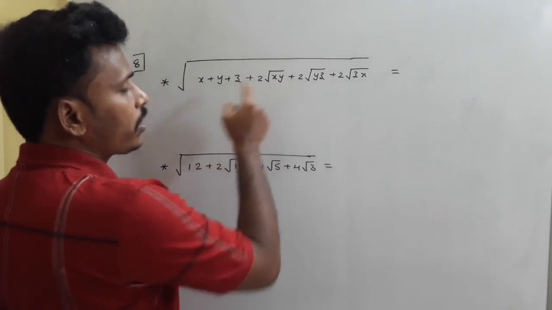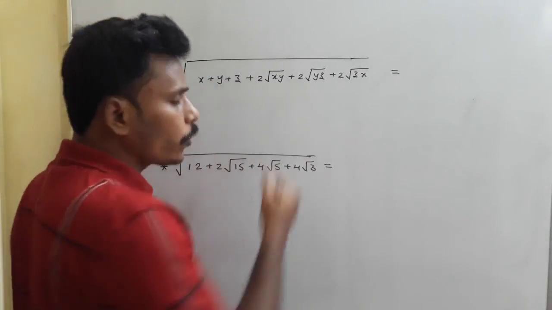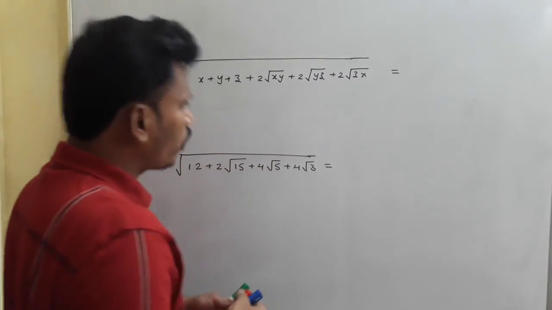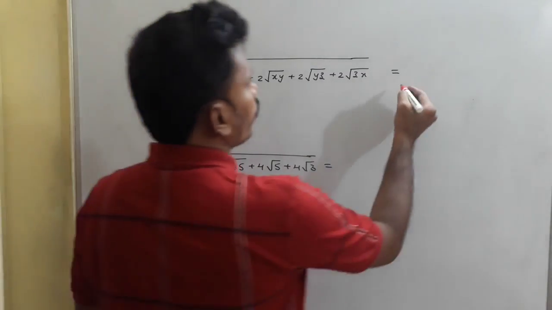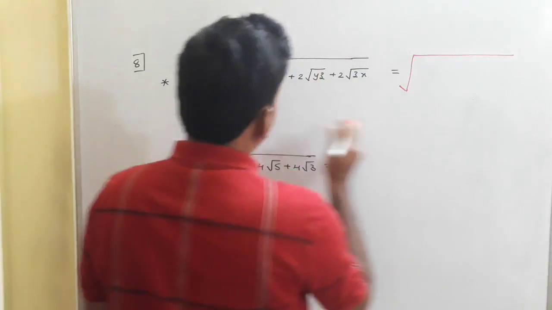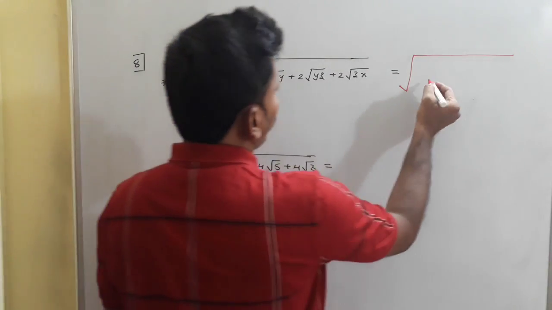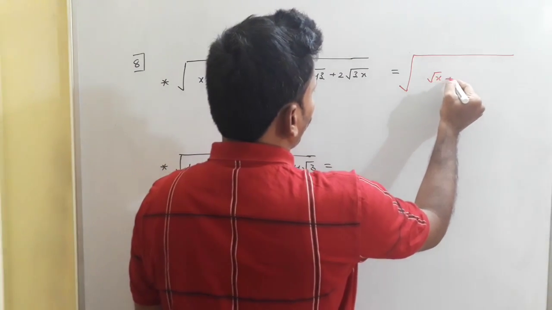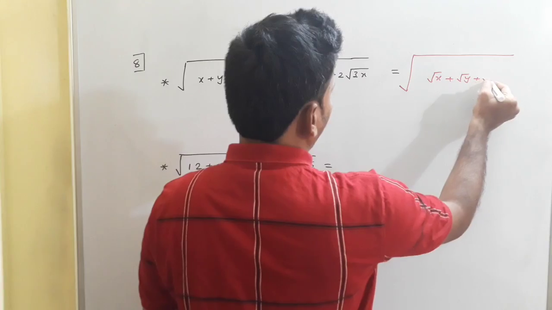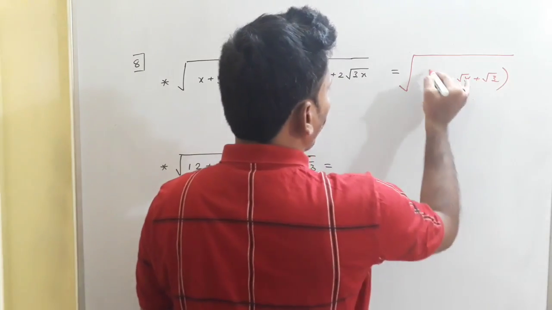And this is 2 root x into root y, 2 root y into root z, and this is 2 root z into root x. So if you rewrite it, this total summation is simply nothing but root x plus root y plus root z whole square.